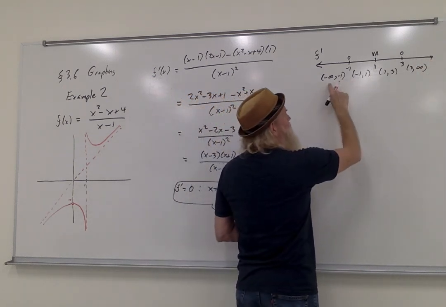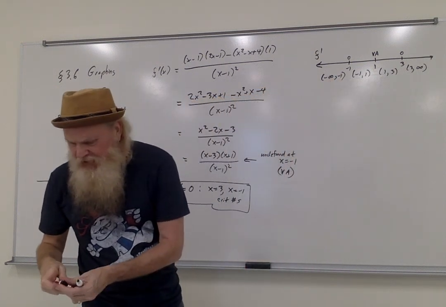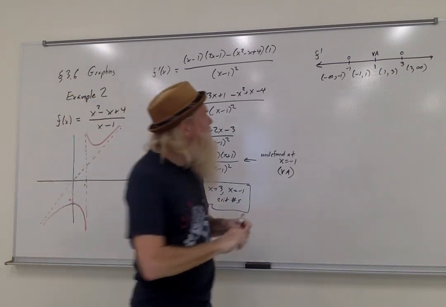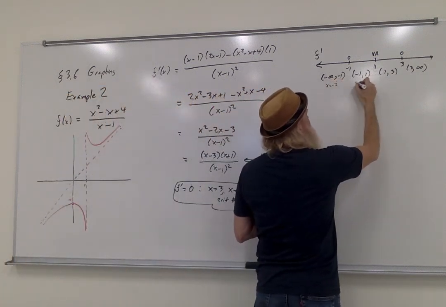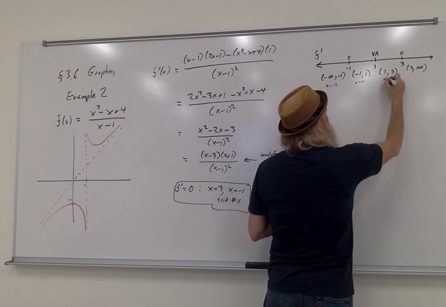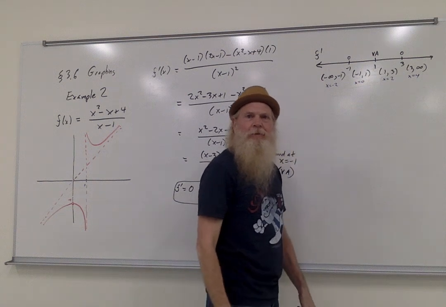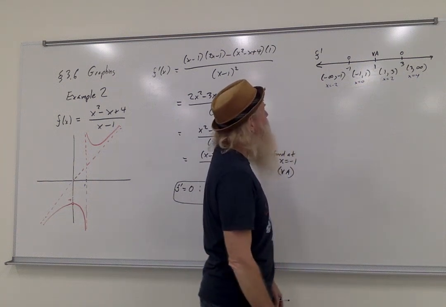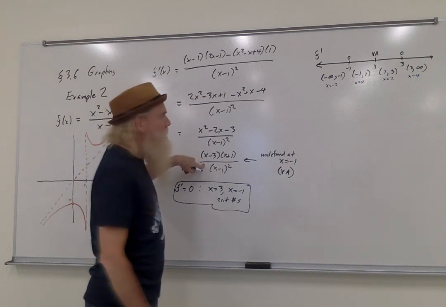So we pick a representative from each interval, maybe negative 2 in the first interval, 0 in the second, 2 in the third, and 4 in the fourth. And we'll substitute each one of those into the first derivative. And I'm going to use the factored form.